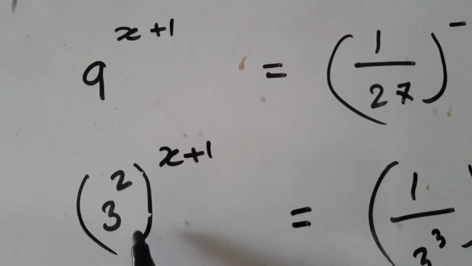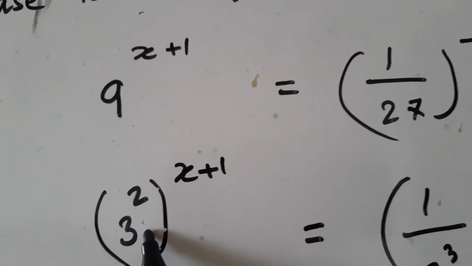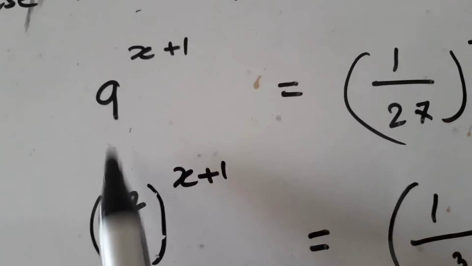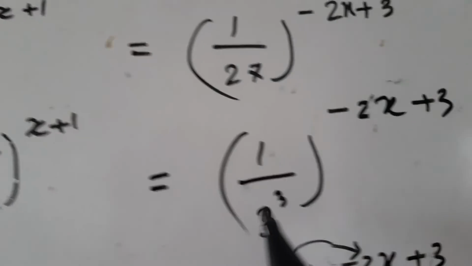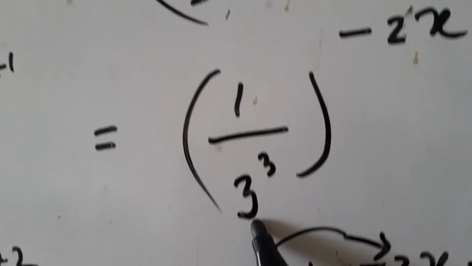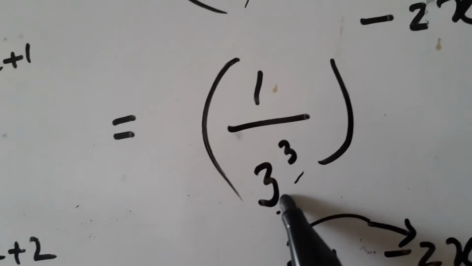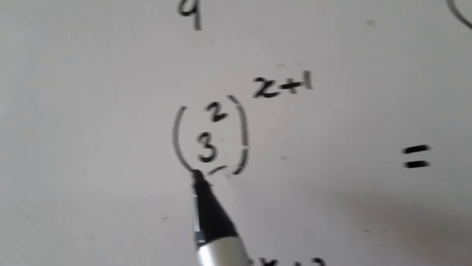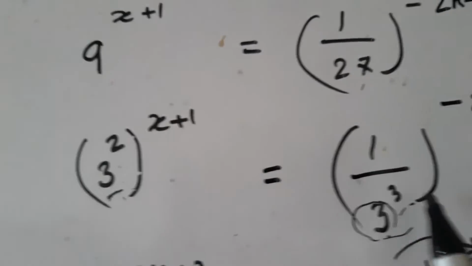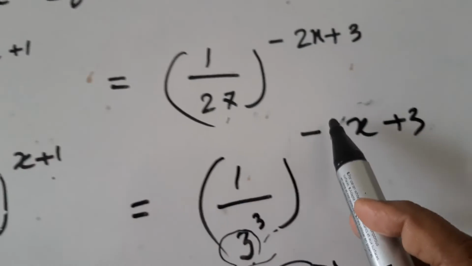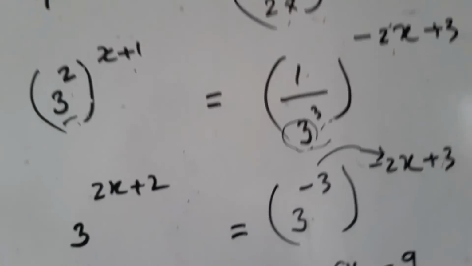Make this 9 as 3 square. 3 square means 3 into 3, 9. So now base is same. And for 27 we can say 3 to the power cube. So we are getting this common base for both. When the bases are common on both sides, the powers will be equal.